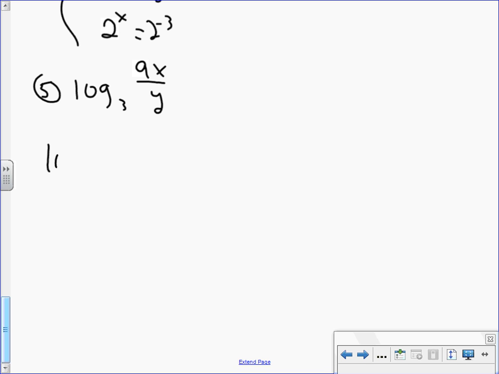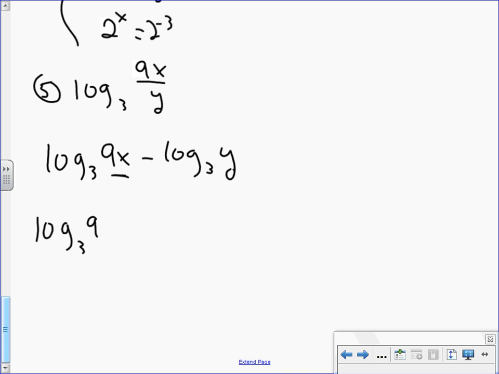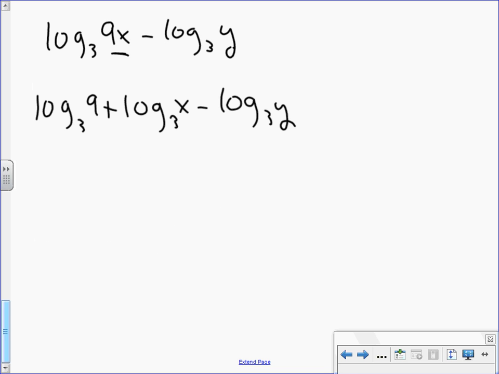We're going to start by saying the log base 3 on the top minus the log base 3 on the bottom. Yes? Numerator, denominator. And then we're going to take this one and break it up into the addition problem. Log base 3 of 9 plus log base 3 of x, and that subtraction is still hanging on.